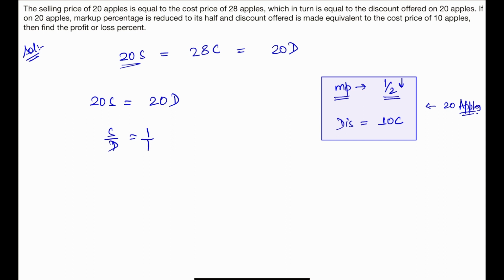So I can say that my selling price is equal to my discount price. So if my selling price is equal to the discount price, in that case my marked price will be 0, right? Or did I make any mistake?